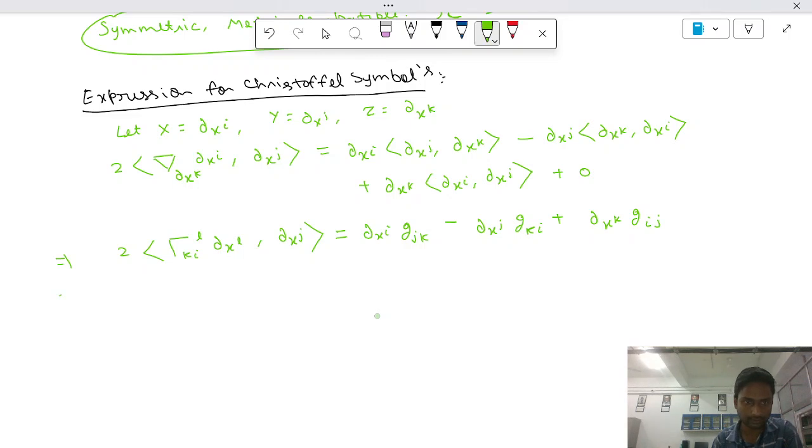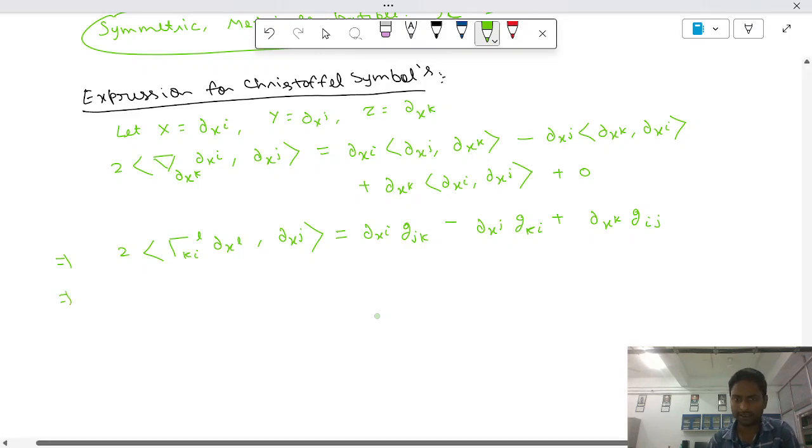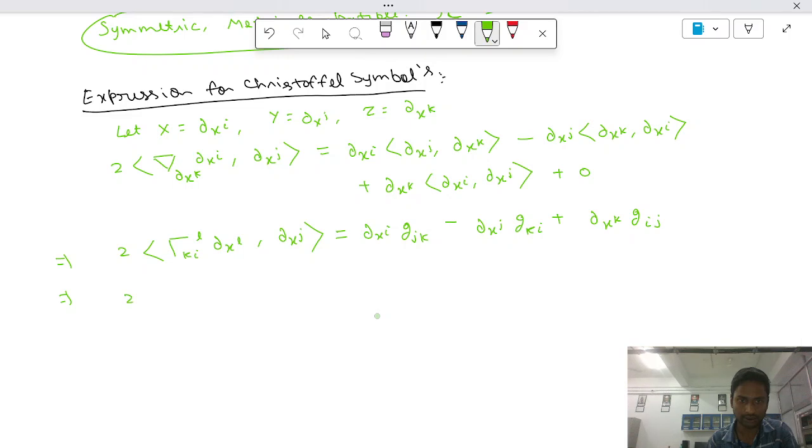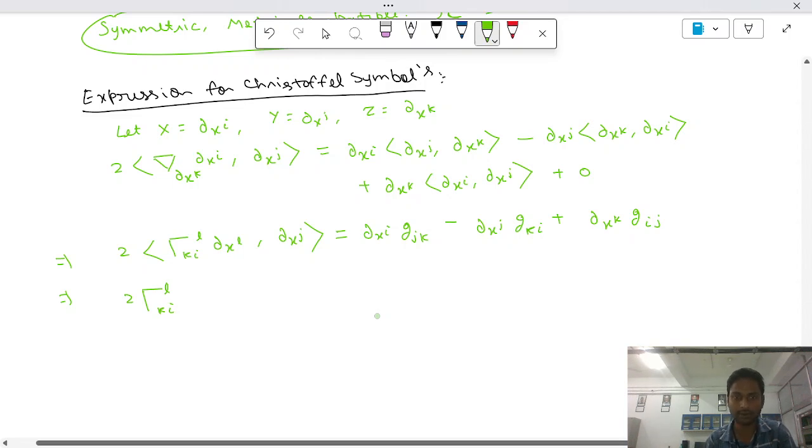Now these gammas are simply coefficients. You can take them out. So this is 2 times gamma^L_ki, and then you will have the inner product of del x_L, del x_j. What will that be?